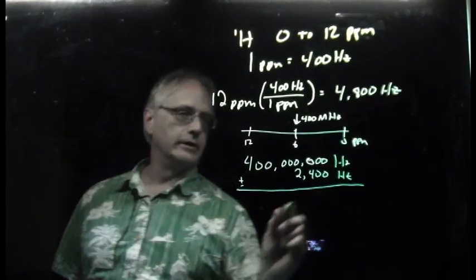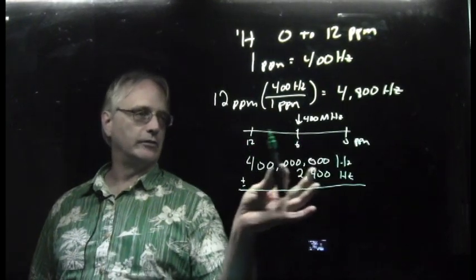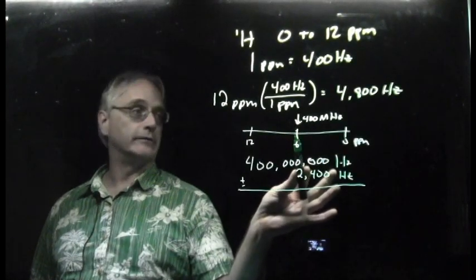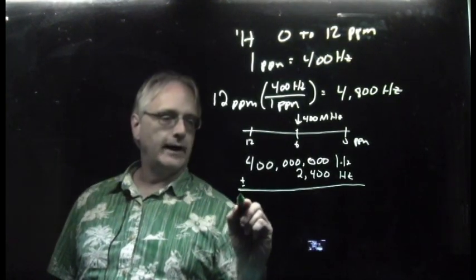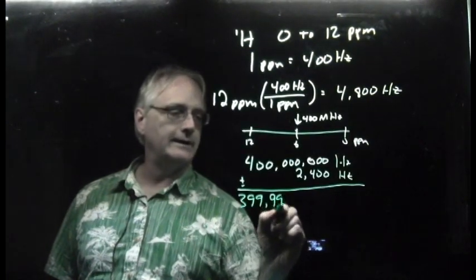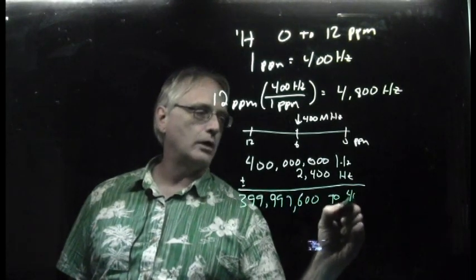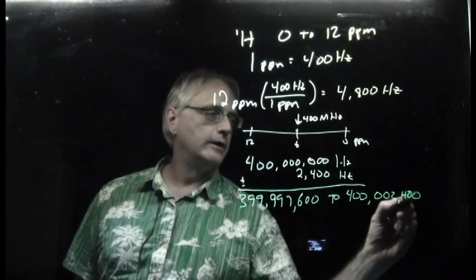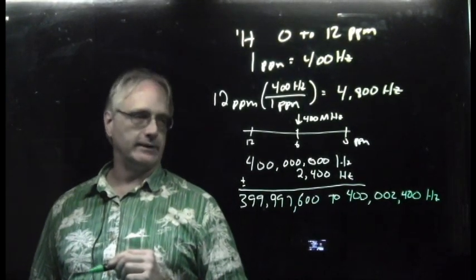Okay? In other words, it could be a total of 4,800 hertz across here, 2,400 downfield from the very center, or 2,400 hertz upfield from the center. In other words, on our instrument, that gives a range of 399,997,600 to 400,002,400 hertz. That's the range of protons on our particular instrument.